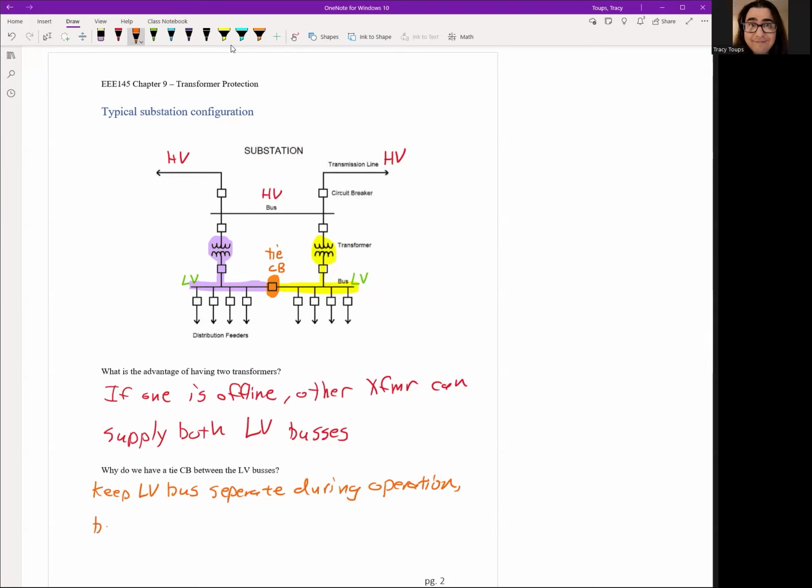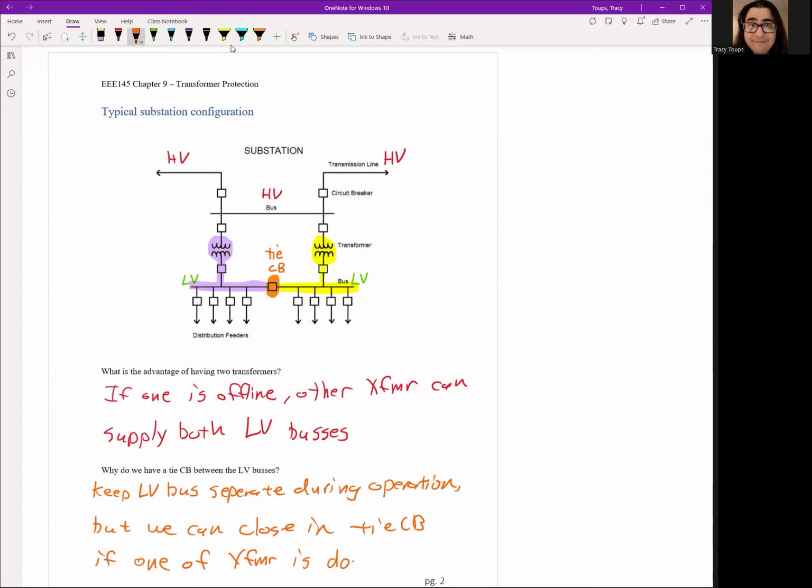But the big factor is that we can close in the tie CB if one of the transformers is down. So it gives us a lot of flexibility.